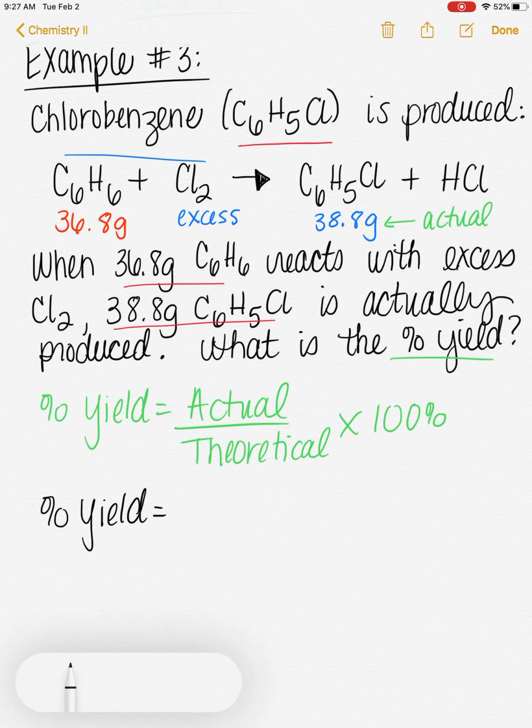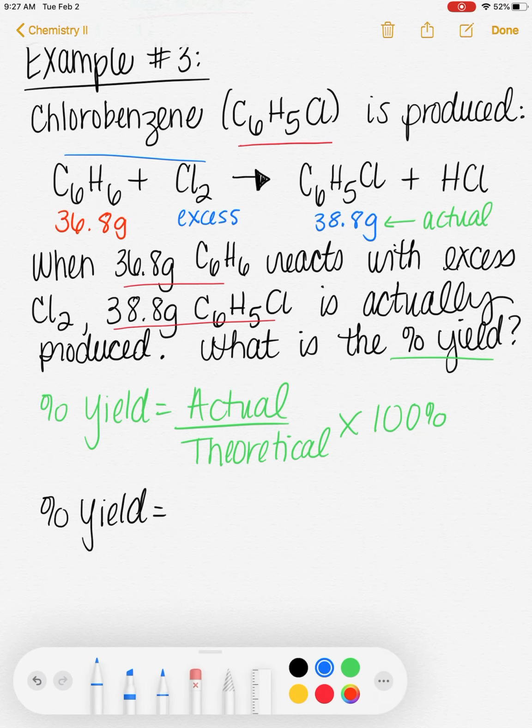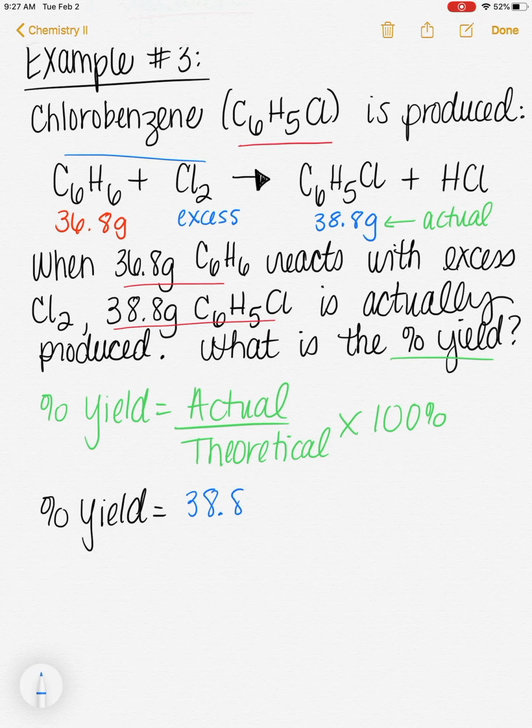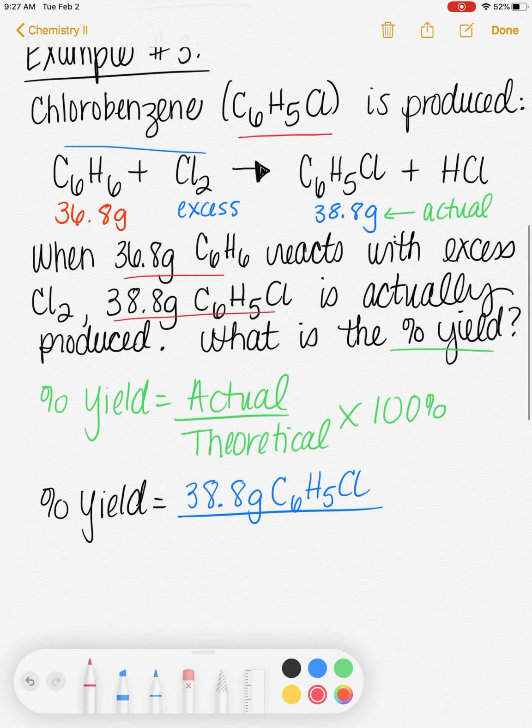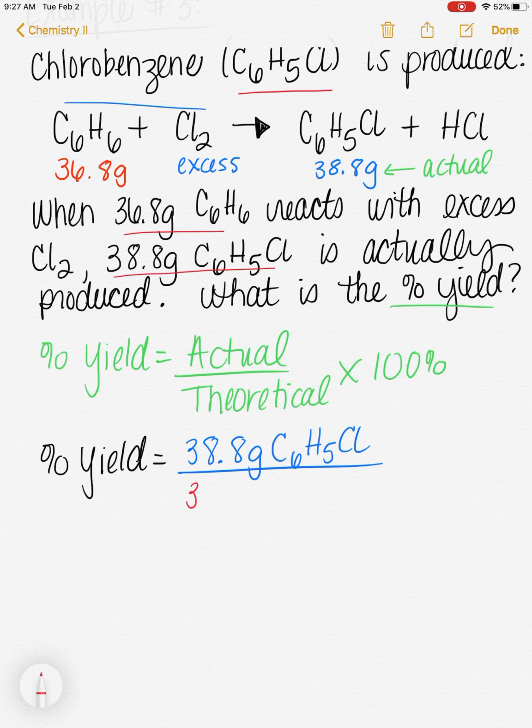We know that the actual yield is 38.8 grams of C6H5Cl. Now, a common mistake that I see students make is they'll say, okay, well, my other number is 36.8 grams of C6H6. So I'll just throw that down there, multiply by 100%, and life will be good.